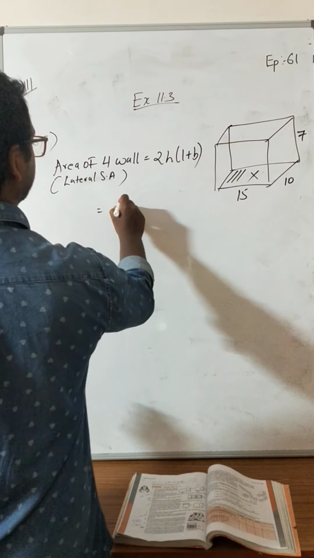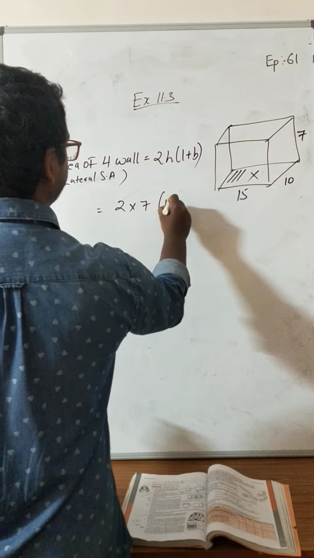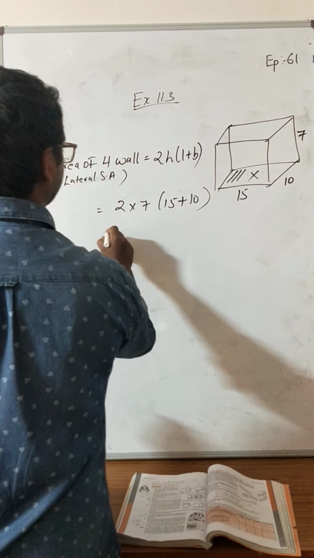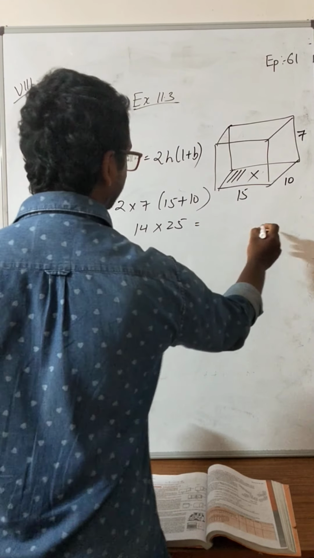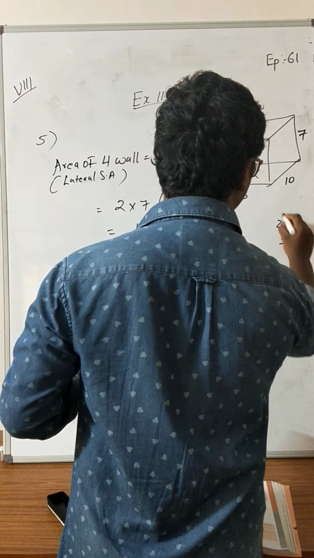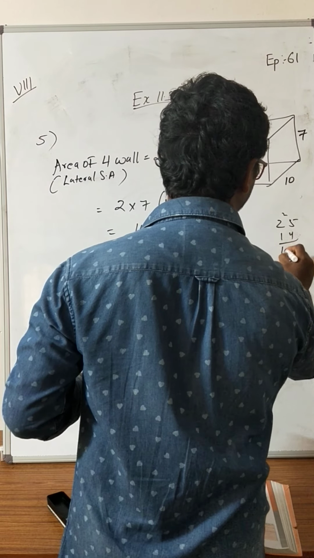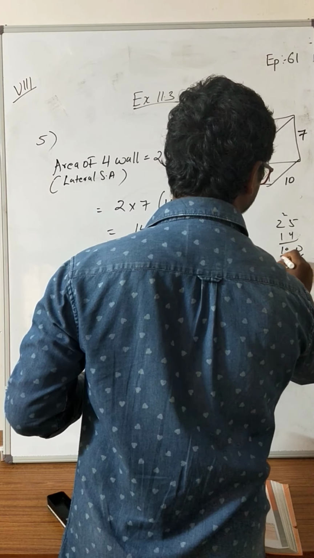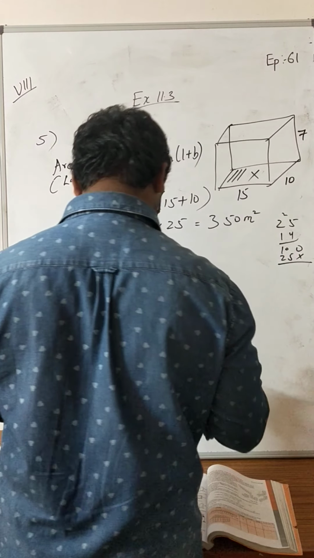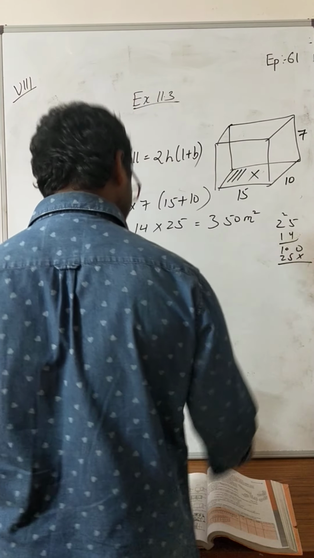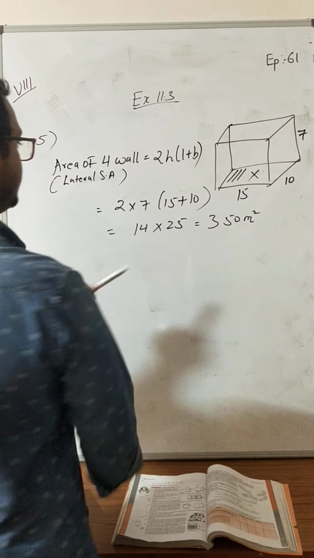Height is 7, and l plus b is 15 plus 10. So 2 into 7 into 25 is equal to 350 meter square. So the area of the 4 walls is 350 meter square.